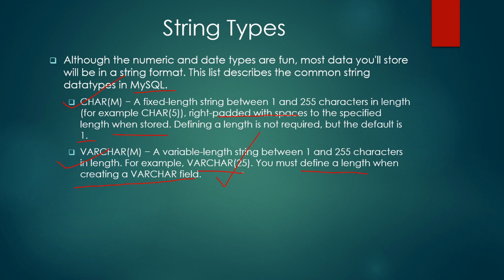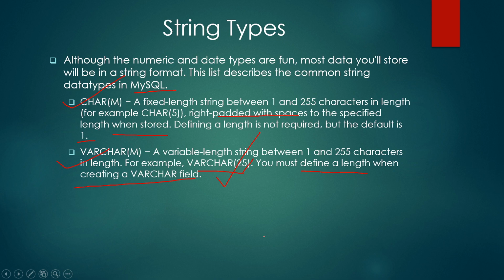Now here I have specified 25, means maximum 25 characters can be stored. Okay, so actually there are some more like blob which is used to store images in our database, and there are some more data types that you can explore, but I have picked some of the data types that are widely used.